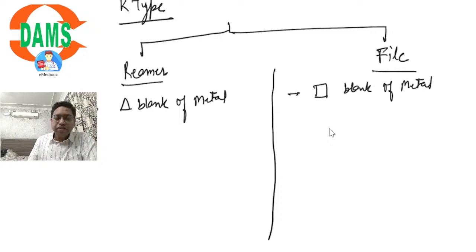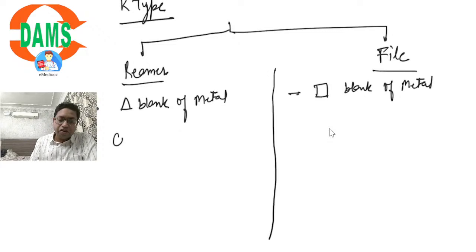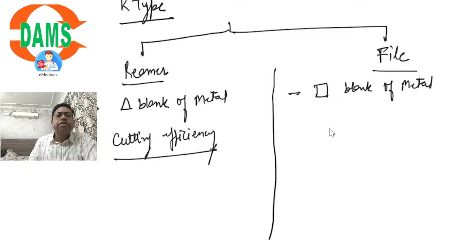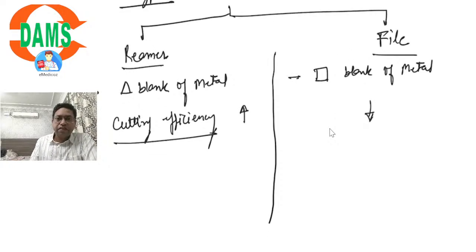Another difference between reamers and files is cutting efficiency. The cutting efficiency of reamers is more, but that of files is less.